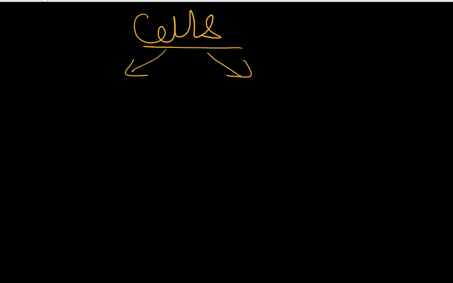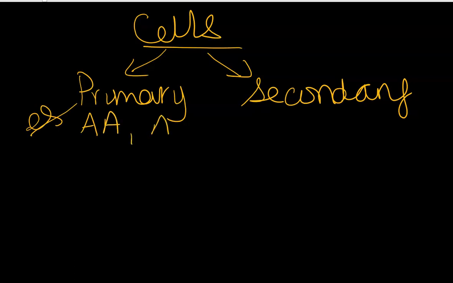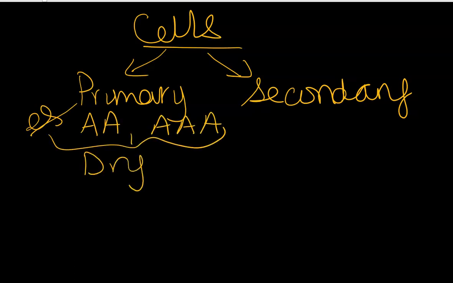Now, when we consider voltage, I want to talk a little bit about cells as we're on the topic. There are two kinds of cells. You can have a primary cell and you can have a secondary cell. The batteries that you use, like AA and AAA batteries, are examples of primary cells, and they are termed dry cells.